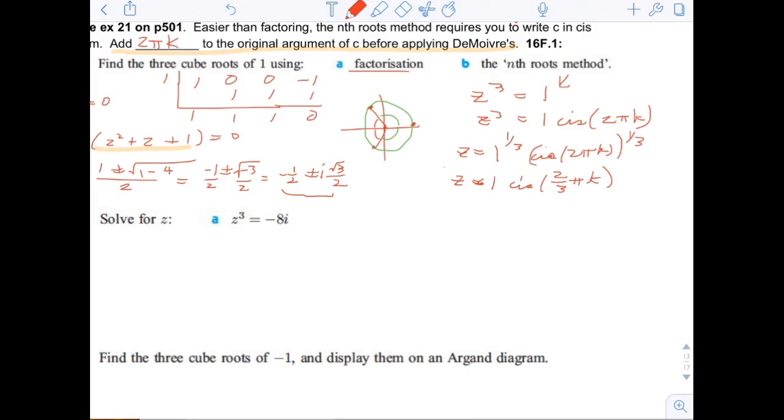If k equals 0, one of the roots is 1 cis 0. Another root is 1 cis 2/3 pi. And another root is 1 cis 4/3 pi.